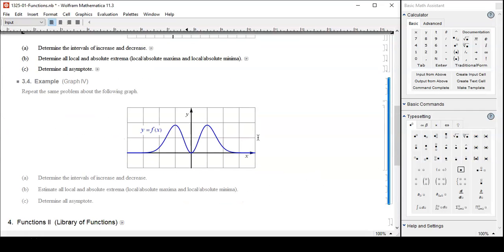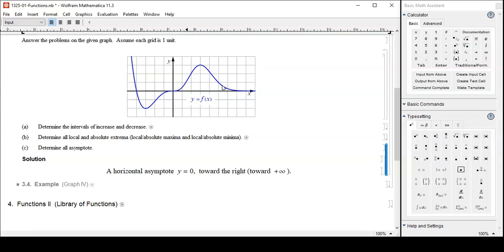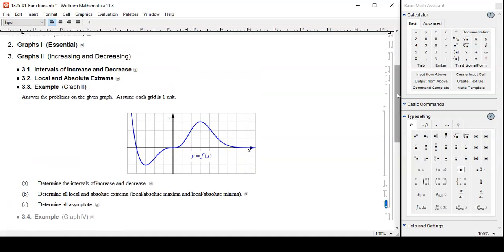And there are more graphs, and then you can repeat the exercises. One final comment, asymptote. We have a horizontal asymptote going here, going to y equal to 0. Everybody can see that. And for horizontal asymptotes, sometimes they cross, sometimes they actually merge. It's okay either way.